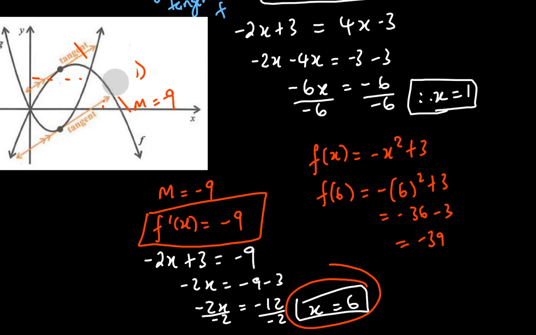So it is not this point here, but a point somewhere maybe there. We would have x as 6 and y as negative 39, and at that point our tangent line has a gradient equal to negative 9.